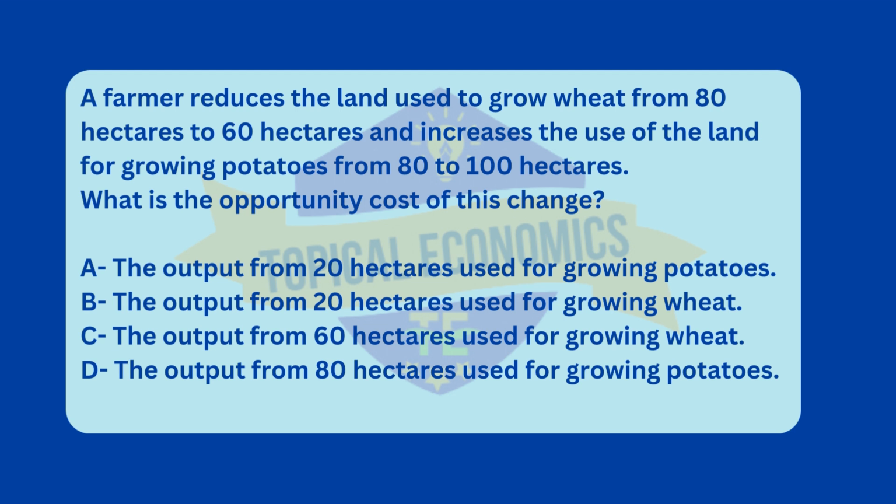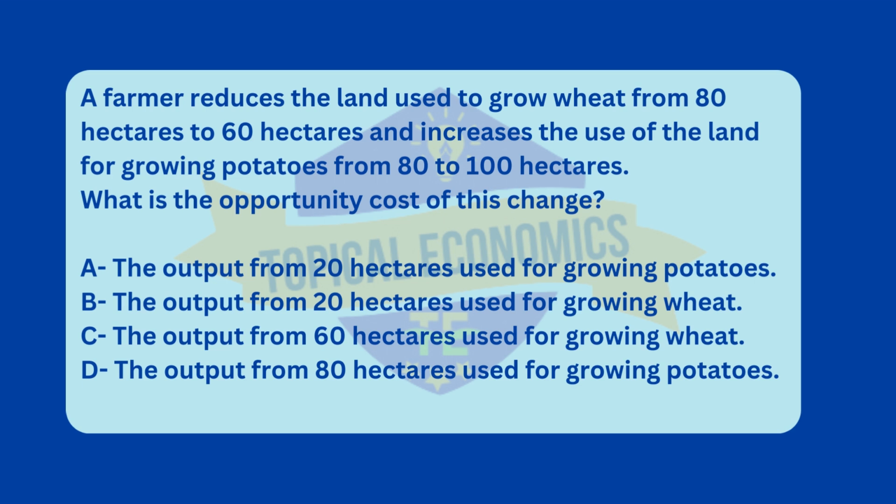Opportunity cost is the value of the next best alternative that is foregone when a decision is made. In this case, the farmer reduces the land used for wheat and increases the land used for potatoes. The opportunity cost is the loss of wheat production that results from reducing the area allocated to wheat. The farmer reduces the land used for wheat from 80 hectares to 60 hectares.